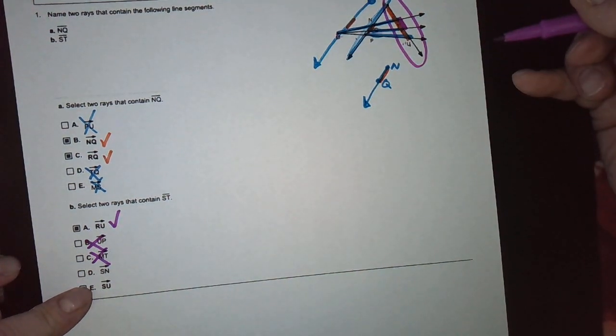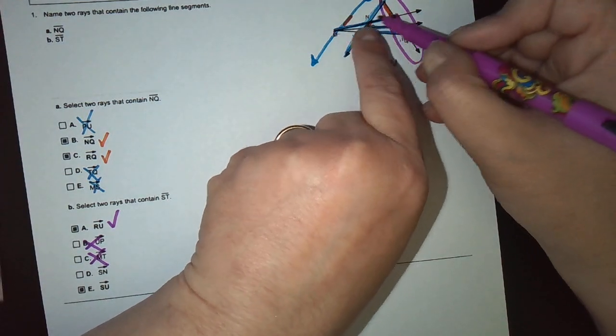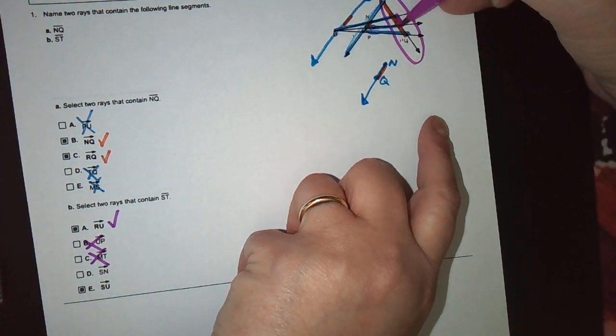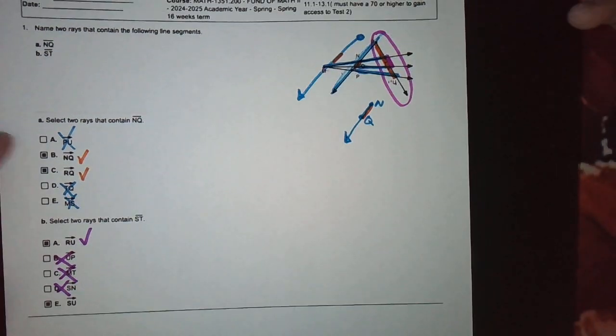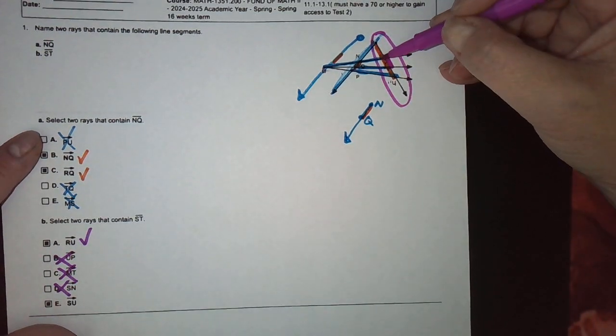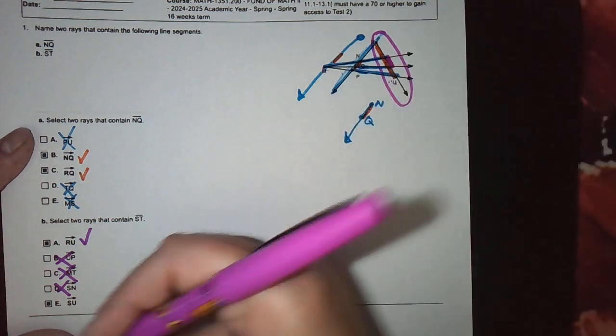SN. S is from here to the left, but it will not include that little line segment. Whereas SU, let's see, what's S? S is here, U is all the way to the end, and that little line segment sits inside.